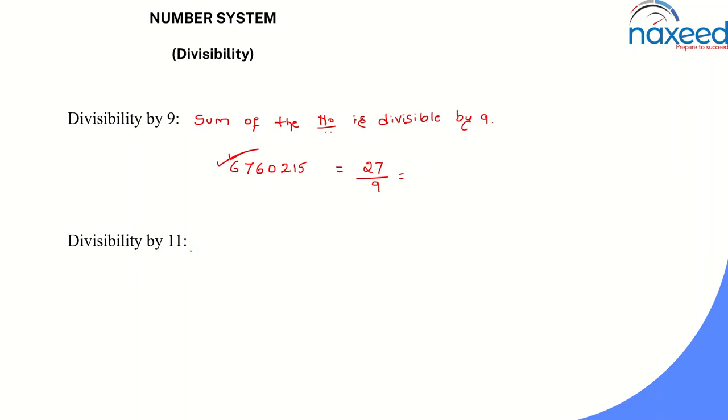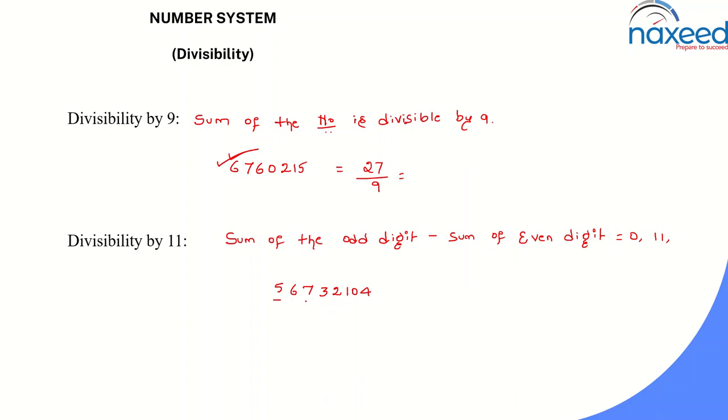Next is divisibility by 11. For this, take the sum of the odd digits minus the sum of the even digits. If the value we get is 0 or a multiple of 11, those numbers are divisible by 11. Take an example here, like 56732104. Check it, my dears.